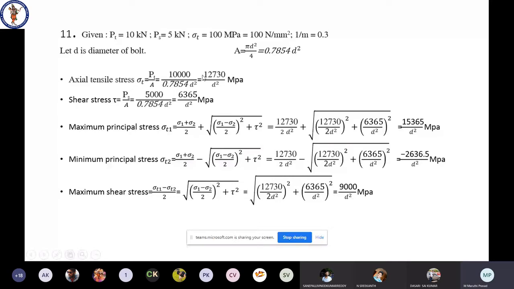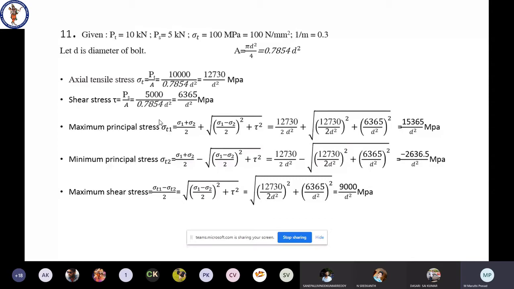So stage number 1 is calculating individual stresses, and stage number 2 is calculating principal stresses. We have completed two stages. First we have calculated the individual stresses due to application of the load, and second, as the bolt is subjected to two different stresses, we need to calculate the principal stresses.